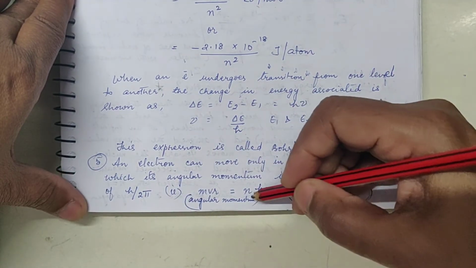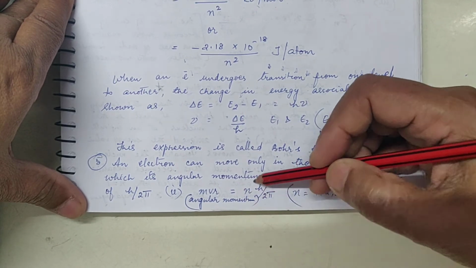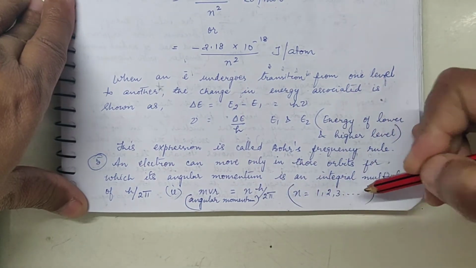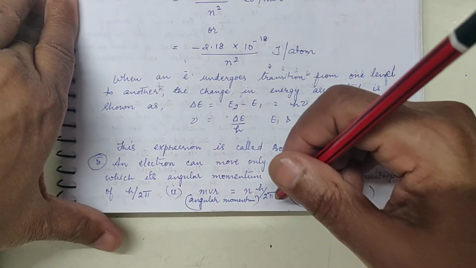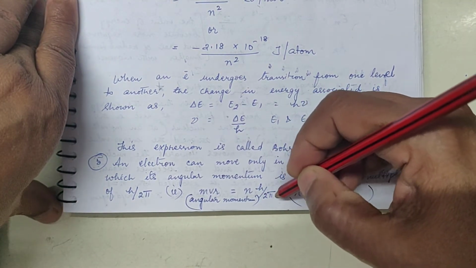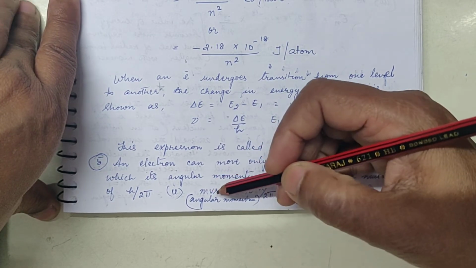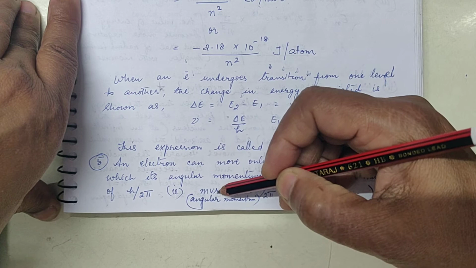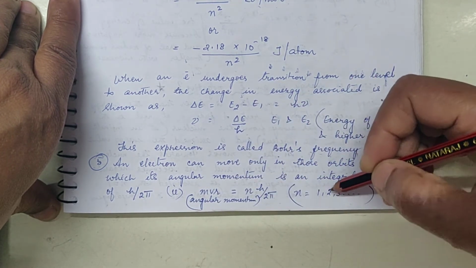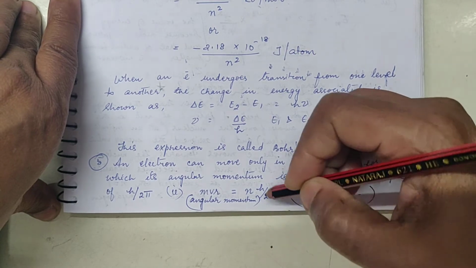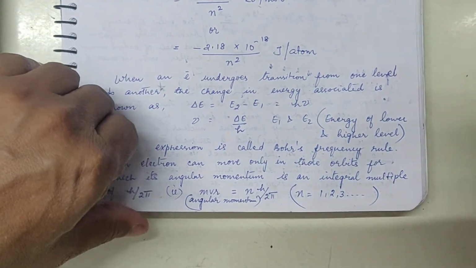Integral multiple, that is n into h upon 2 pi, where n can have a value of 1, 2, 3, etc. Is that clear? So here, see, this is again a constant. Mass of electron, velocity of electron, then radius. For the radius for which the value of n comes out as 1, 2, 3 in this way, there this relation will be satisfied, there the movement of electron will be satisfied.